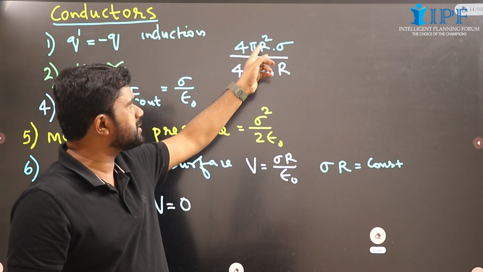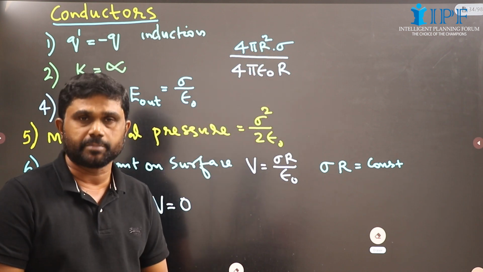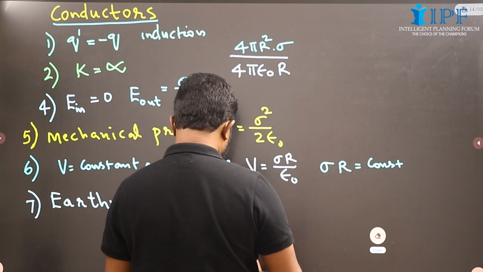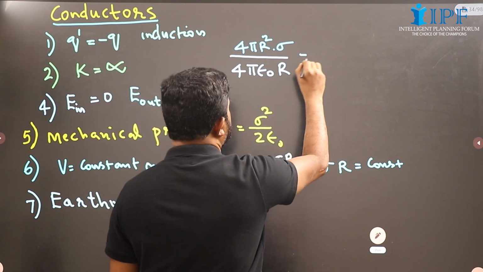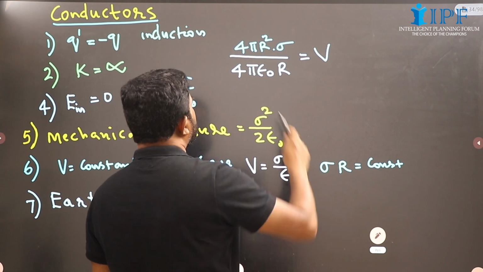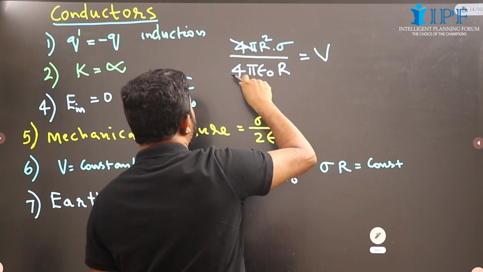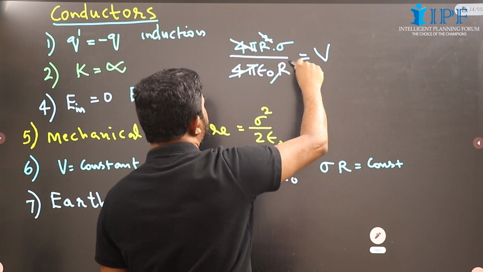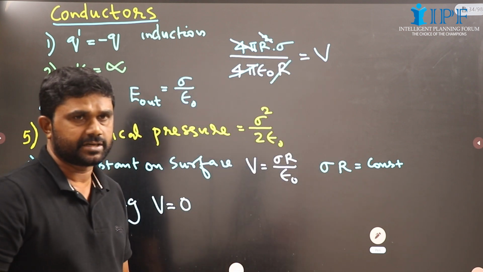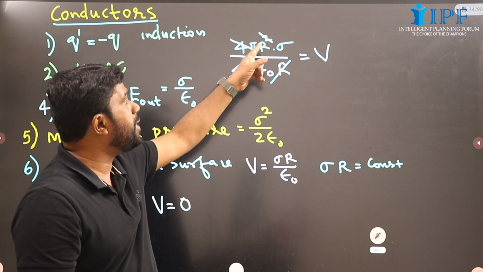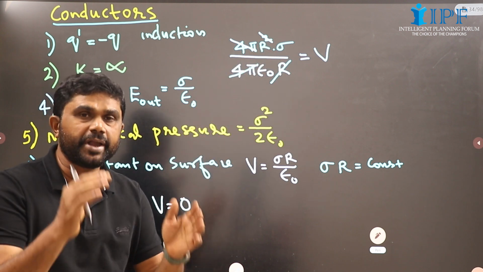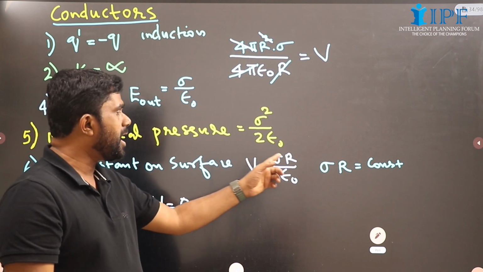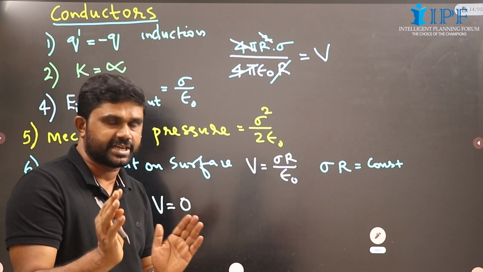Surface area is 4 pi r square and surface charge density is sigma. So this is the potential on the surface of a conductor. Here we have 4 pi, here we have 4 pi, and here we have 1 r, and this r can also be cancelled. So what do we get? Sigma r by epsilon 0. So everywhere on the surface of a conductor, potential sigma r by epsilon 0 is constant.